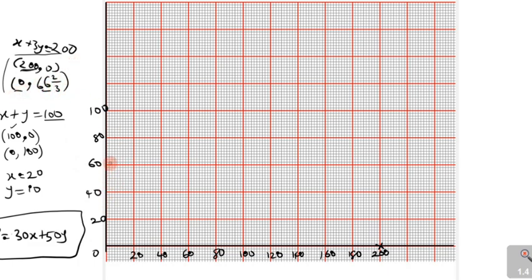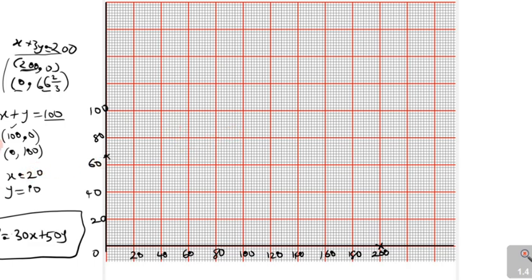So this should be 62, 64, 66. So I'll just put my point here. I'll just mark out that 66. We just approximate to the nearest whole number, because we can't even have decimal pairs of shirts or whatever it is. So they should be whole numbers.